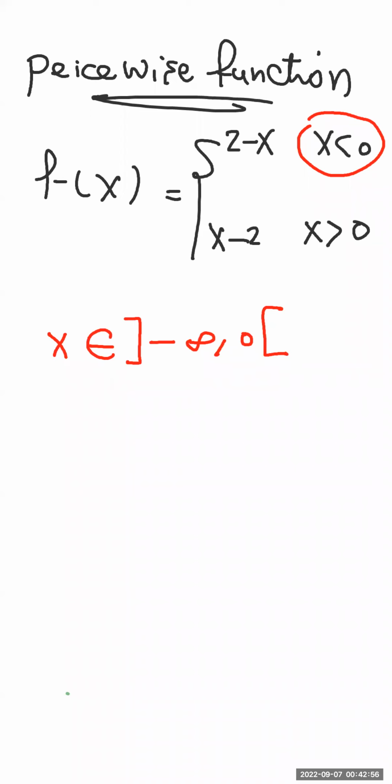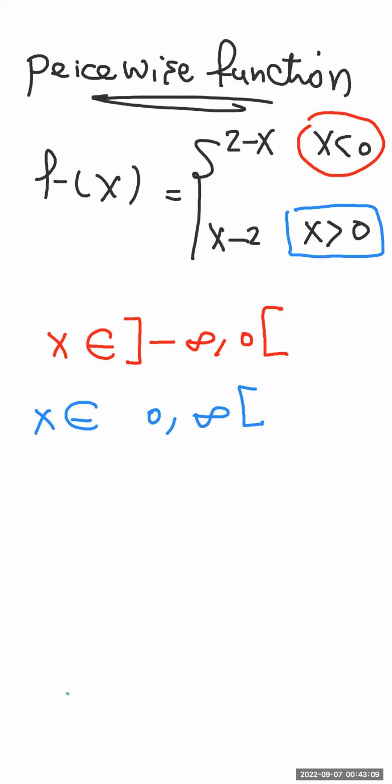The second one, x greater than 0, so this means x belongs to 0 and positive infinity, and the positive infinity is opened, and here it is only greater than, no equality, so it is opened from the side of 0, right?